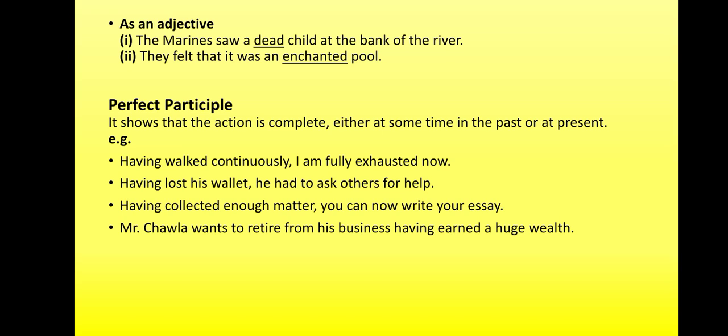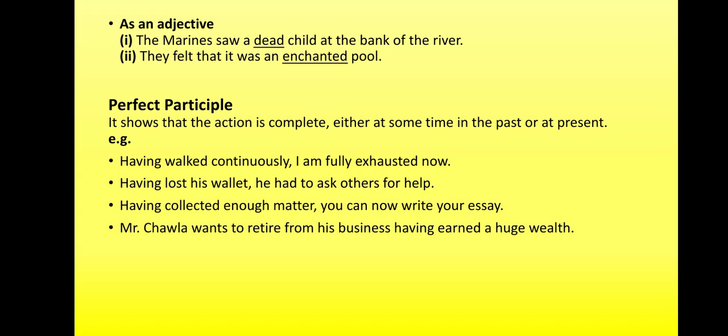So, as we are seeing the participle forms, we just saw present participle, past participle, now the perfect participle. The perfect participle shows that the action is complete either at some time in the past or at present. So, in one sentence, two actions.